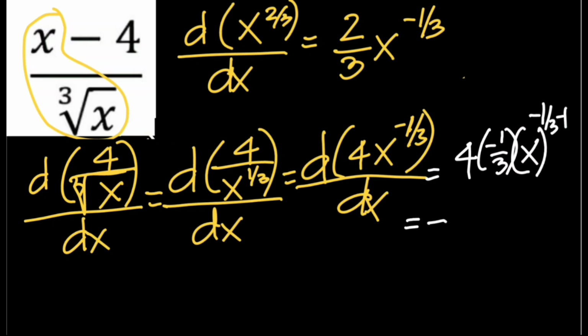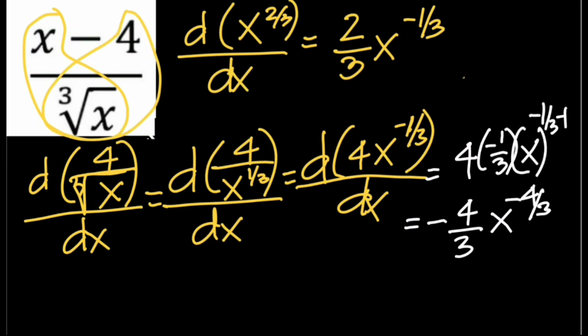So this is equal to negative 4 over 3 times x to the negative 1/3 minus 1, and negative 1/3 minus 1 is negative 4/3. So now we already have the derivative of the other function.